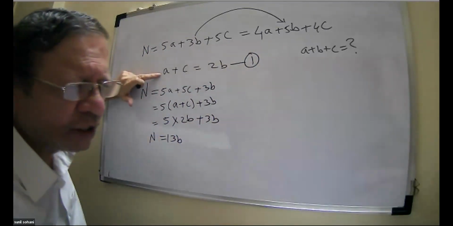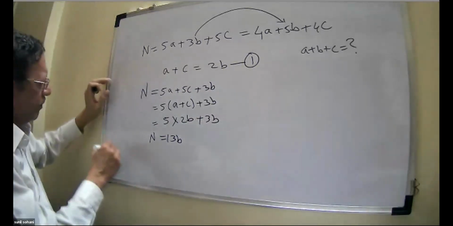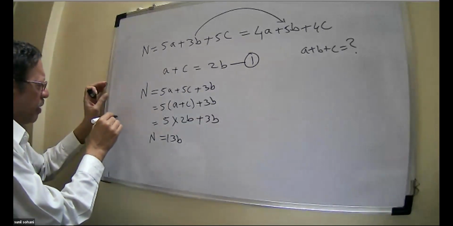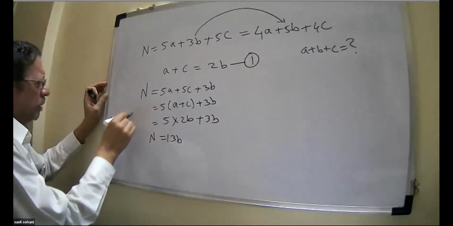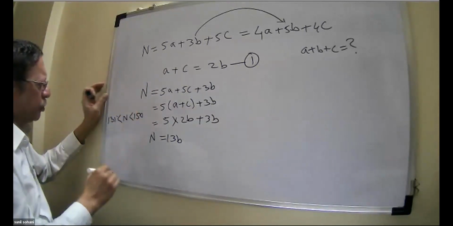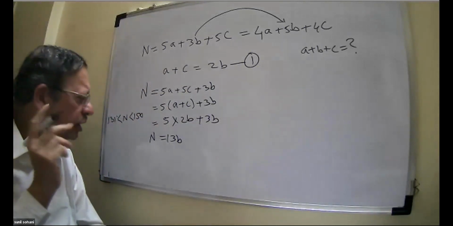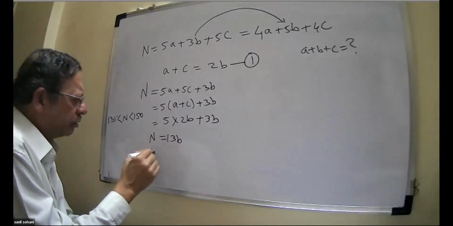And in the question, it is given that n is between 131 and 150. N is bigger than 131, but less than 150. So in the table of 13, 13's multiple is 143. That can be n.